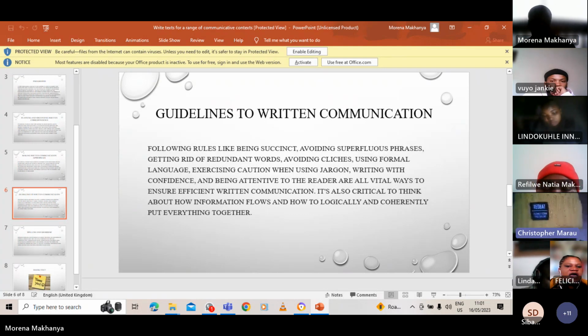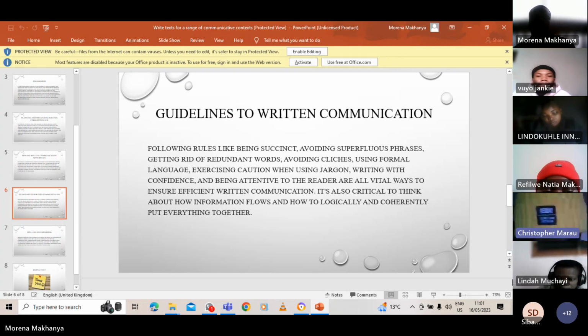Guidelines to written communication. Following rules like being succinct, avoiding superfluous phrases, getting rid of redundant words, avoiding clichés, using formal language, exercising caution when using jargon, writing with confidence, and being attentive to the reader are all valuable ways to ensure efficient written communication.